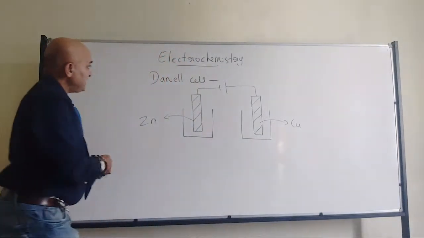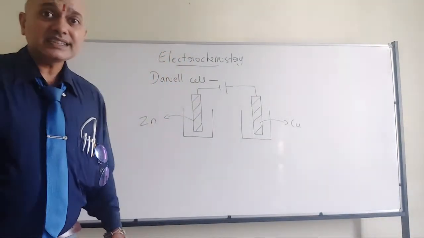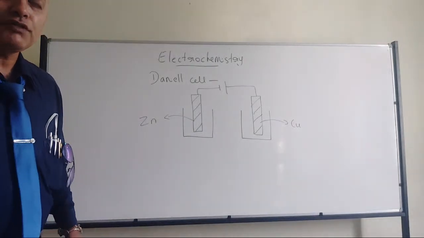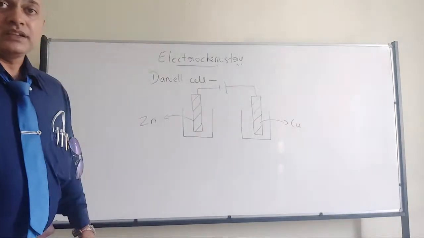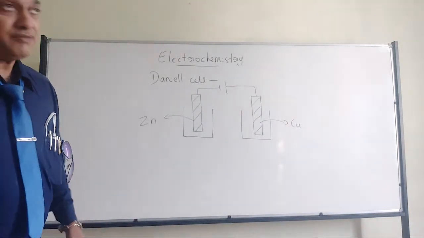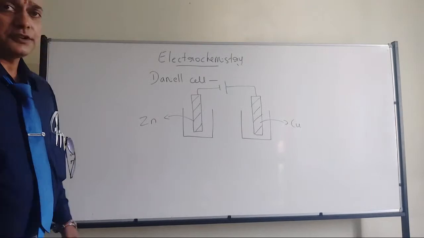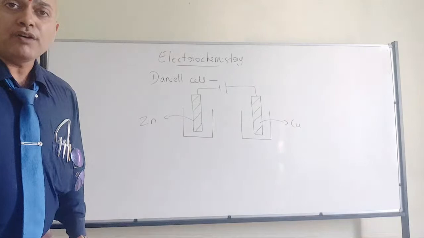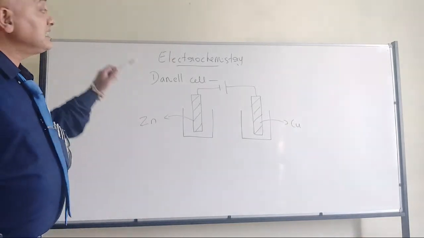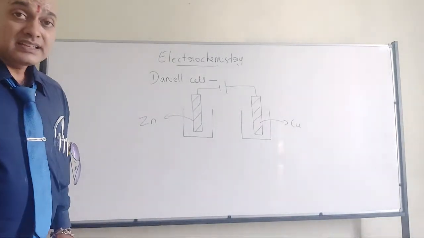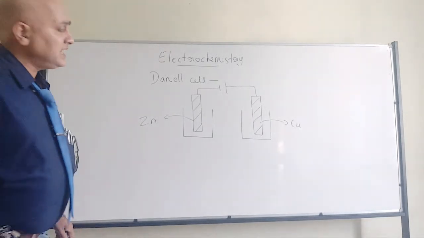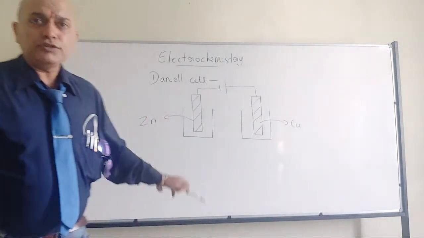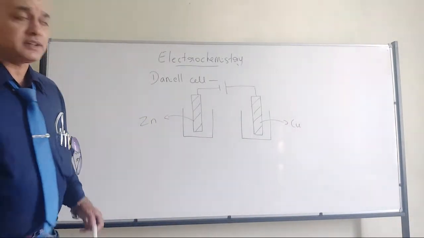So in a Daniell cell, the anode will have a zinc electrode and the cathode will have a copper electrode. Those voltaic cells where the anode is zinc and the cathode is copper are called Daniell cells. It's very specific. It deals only with zinc and copper.